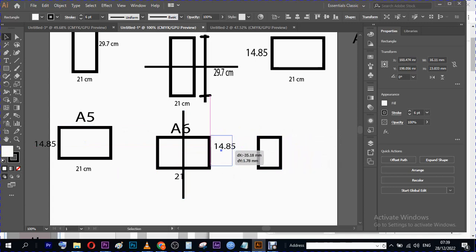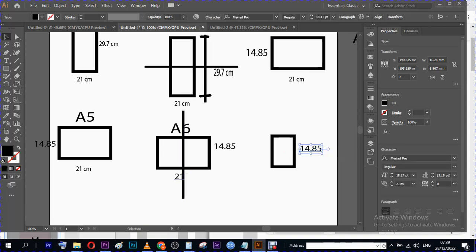It is going to be in a portrait form, not a landscape form, meaning that we are going to retain our 14.85.